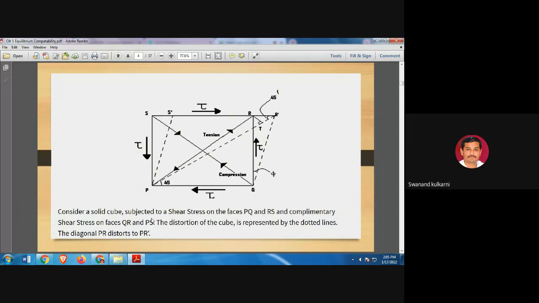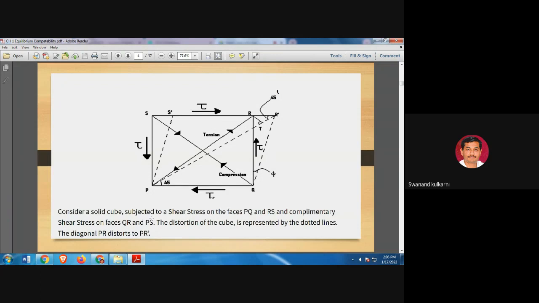E is Young's modulus or elastic modulus or modulus of elasticity. Mu is Poisson's ratio.